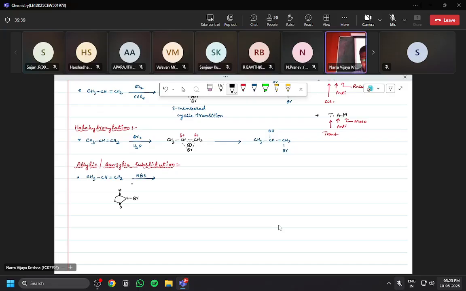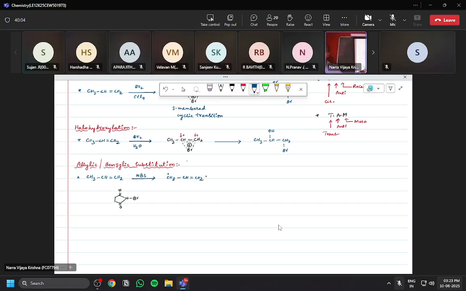This also prefers free radical, right? It is an example of radical substitution. Br radical will go and attack the allylic position because allylic radicals are stable, correct? So first you will get CH2 radical, CH double bond CH2.